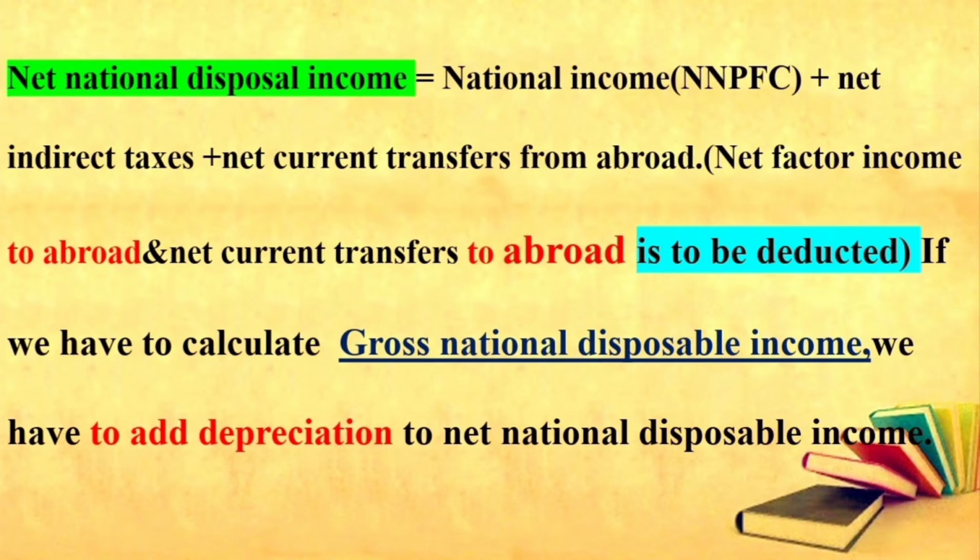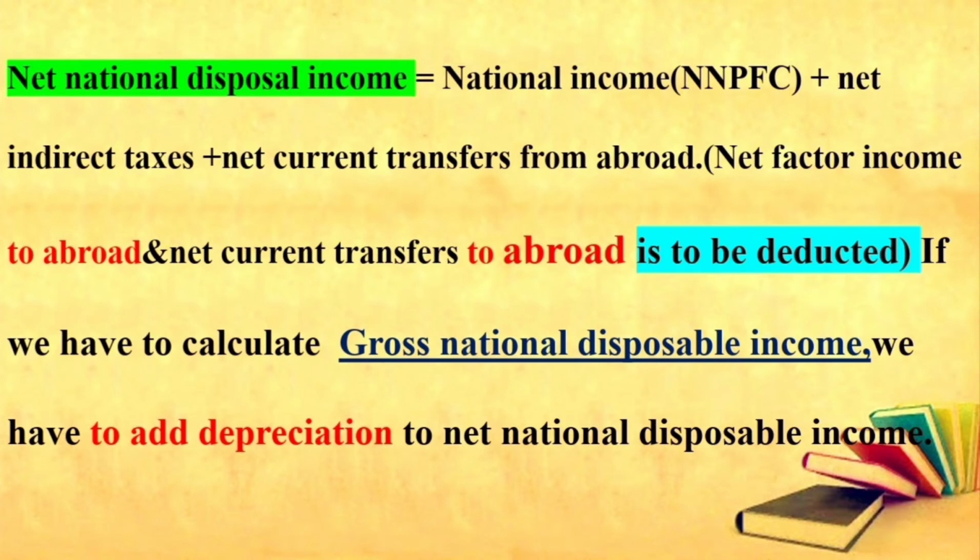Net indirect taxes is the transfer income of the government, and the government is free to use it the way it likes. And current transfers from abroad, that is the difference between the transfers from abroad and transfers to abroad.